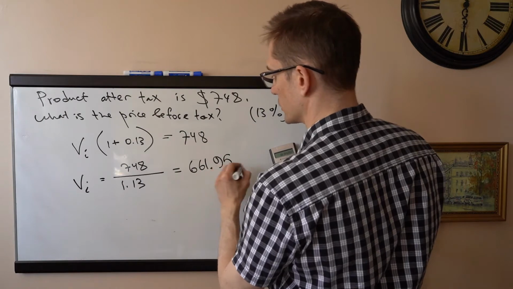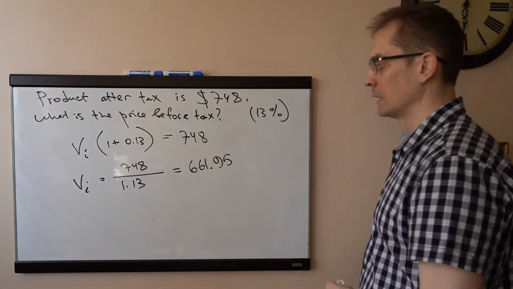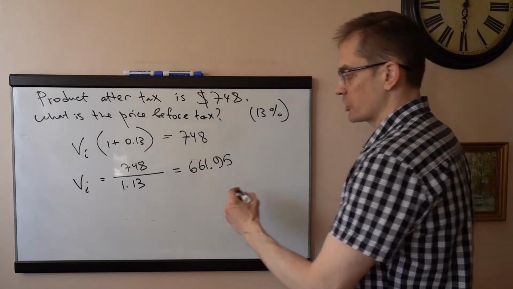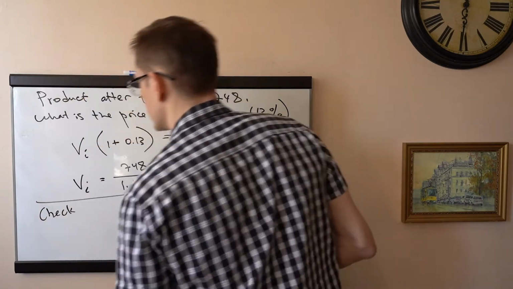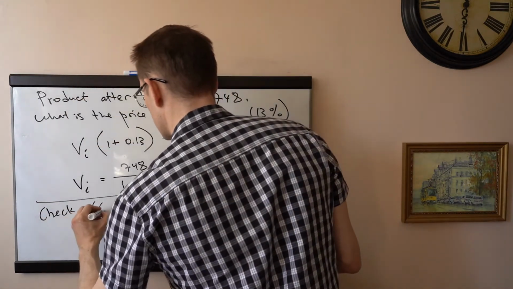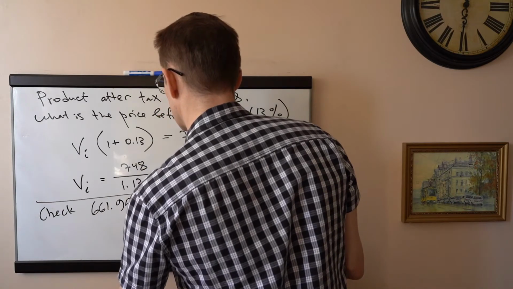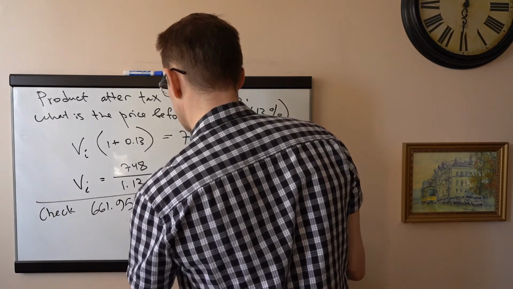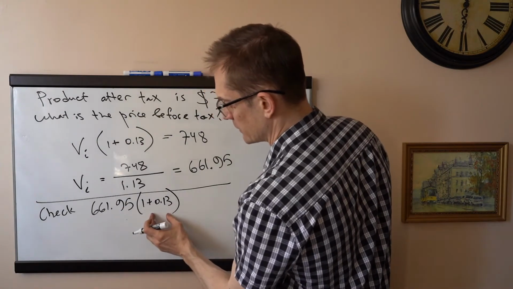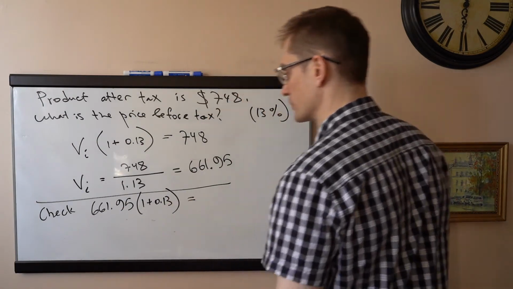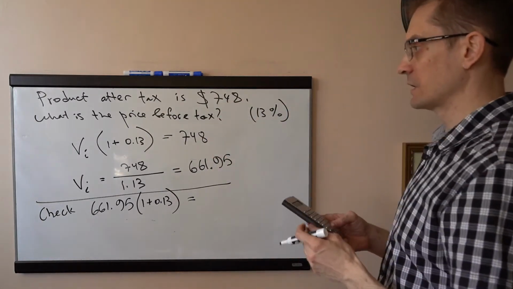$661.95, rounded to 2 decimal places. Now you can check, right? It's always helpful to check. So you have 661.95 times 1 plus 0.13. You take that original price, increase it by 13%, and of course you should be getting 748.